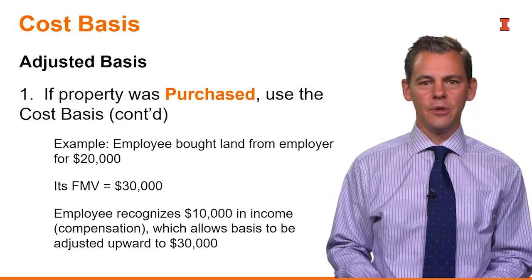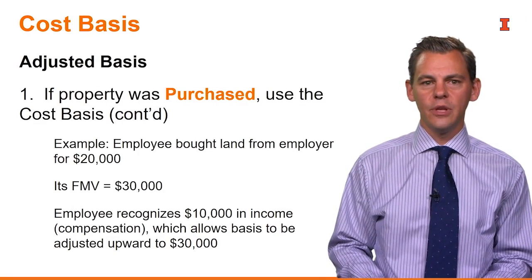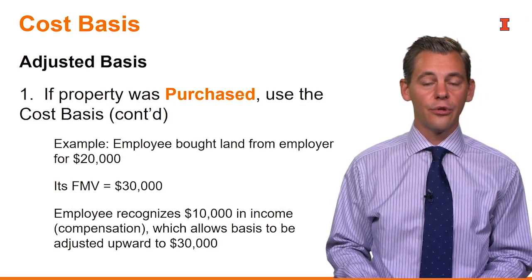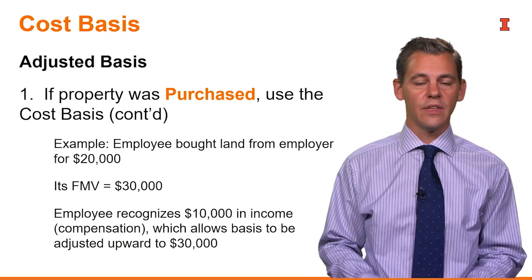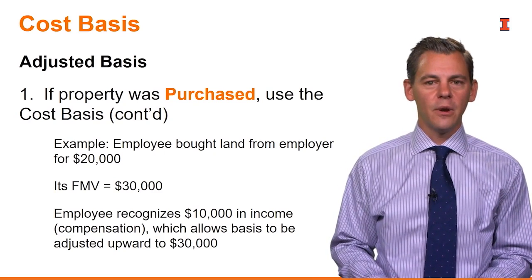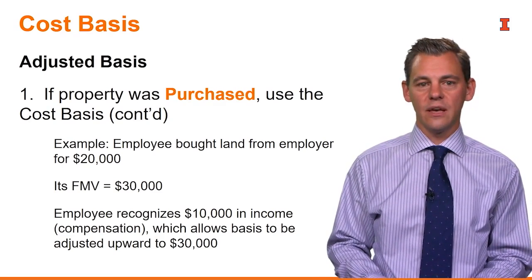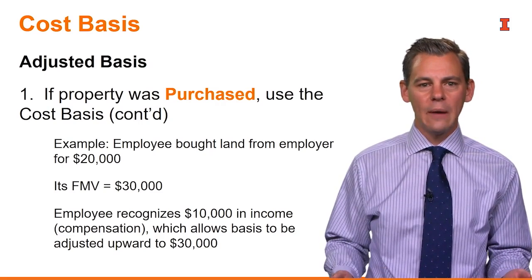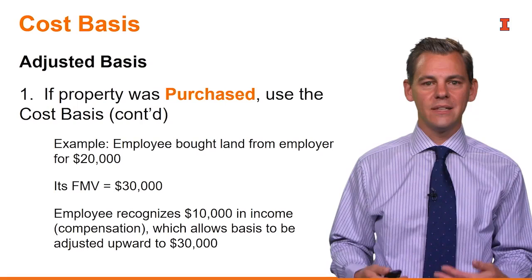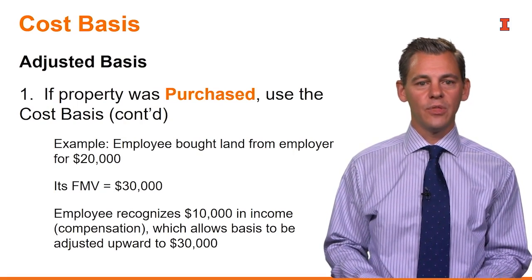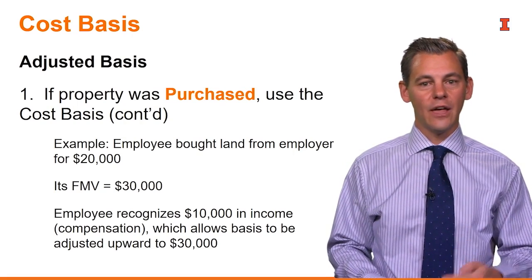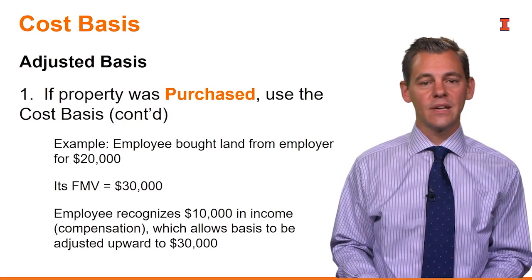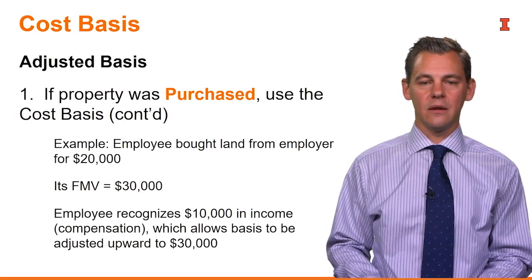An example here might be useful. Let's say an employee purchased land from her employer through a bargain purchase agreement for $20,000. But the fair market value of the land was $30,000 at the time of the purchase. What happens here is the employee recognizes that $10,000 difference between the price paid and the fair market value in income, essentially as compensation, and pays tax on it.